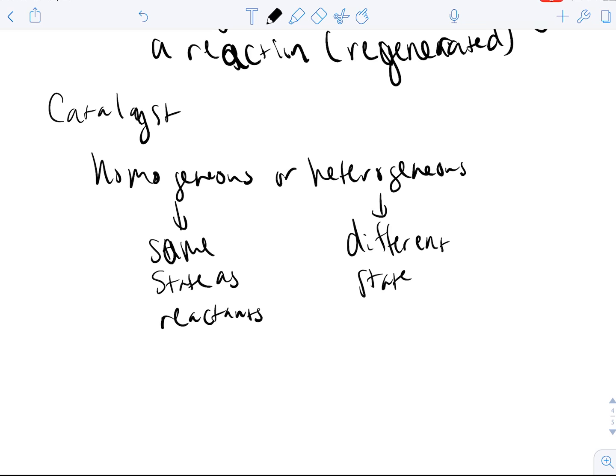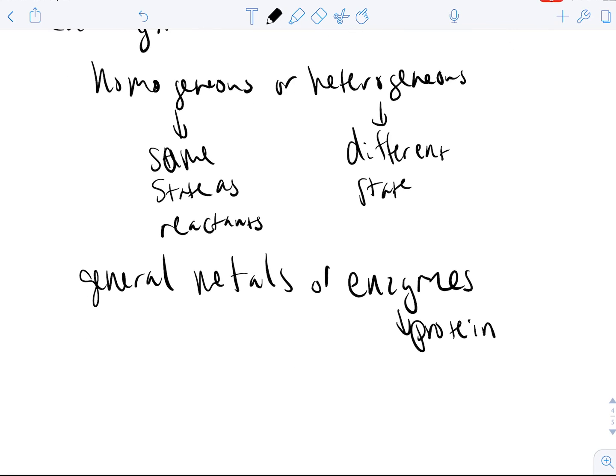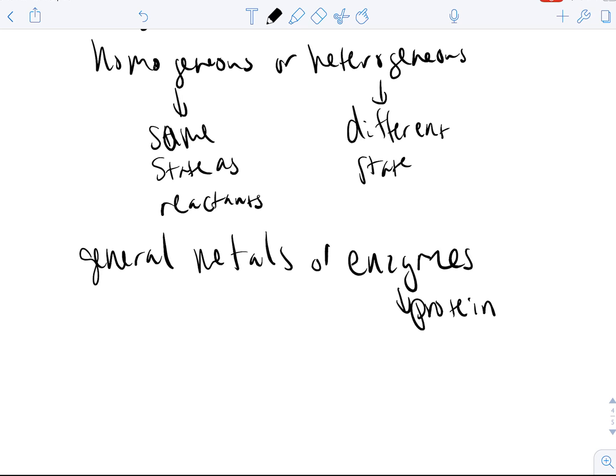Catalysts are generally going to be either metals or maybe a carbon compound, something that allows the flow of electrons, or an enzyme. So generally metals or enzymes. With enzymes, it's a protein. So it's a huge macromolecule. It has what's called specificity, which I'll talk a little bit more about later.